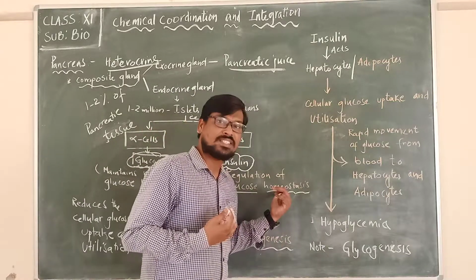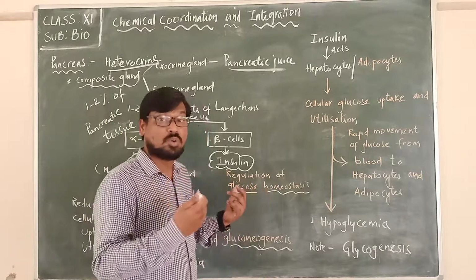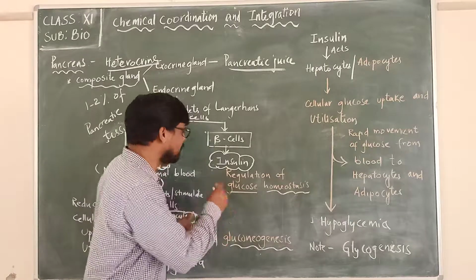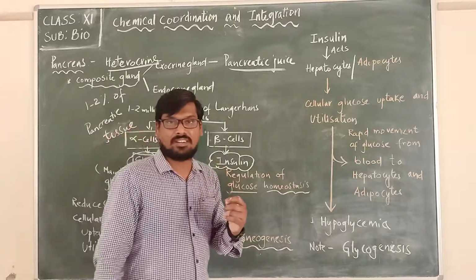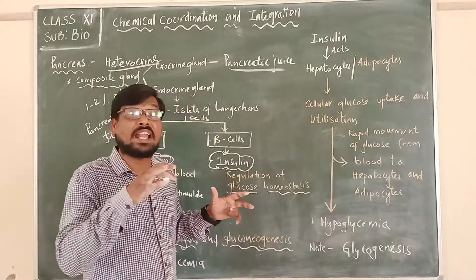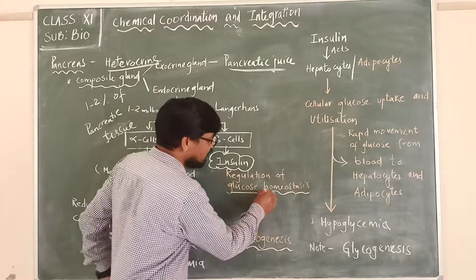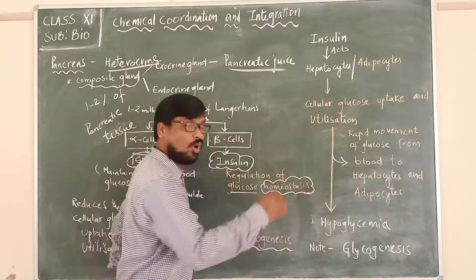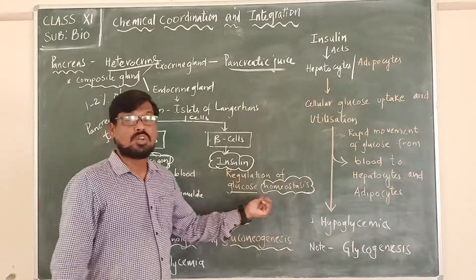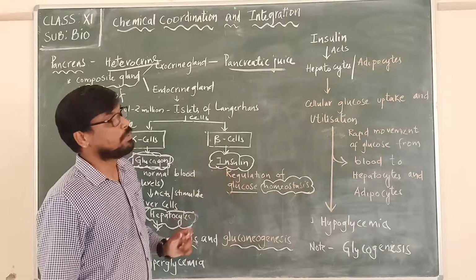What do you mean by homeostasis? Maintaining the internal environment. Now the glucose levels are maintained with the help of what? Insulin. Insulin helps in maintaining the internal environment of the glucose. Please remember that. That is what we call homeostasis. So insulin helps in regulation of glucose homeostasis. That's the point we have to keep in mind now.